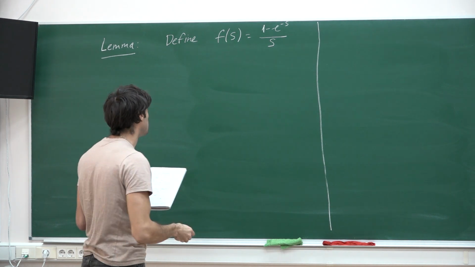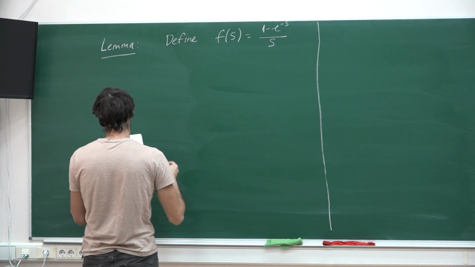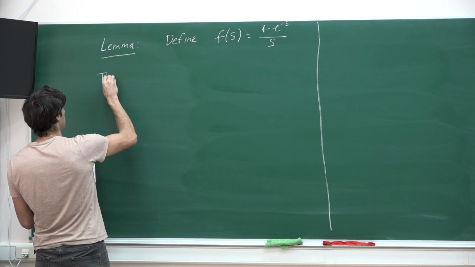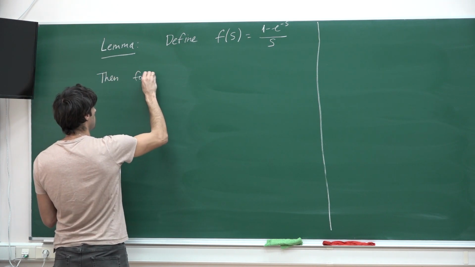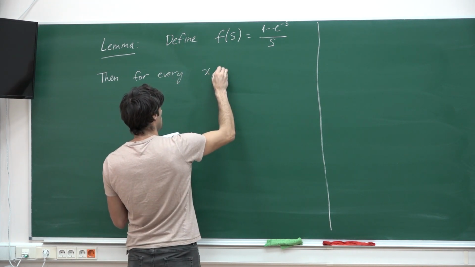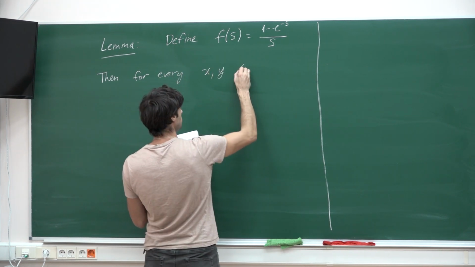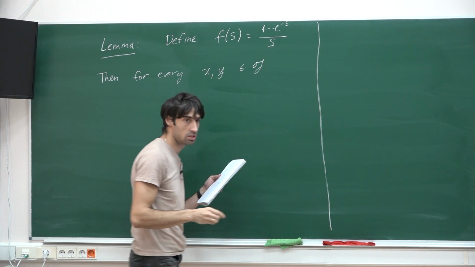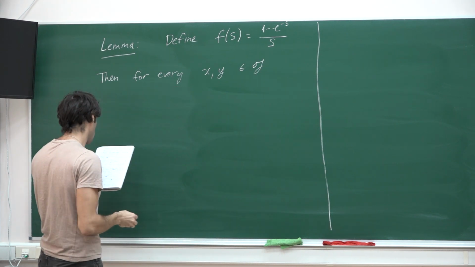Okay. So then for every x and y in Lie algebra g, we have the following formula.